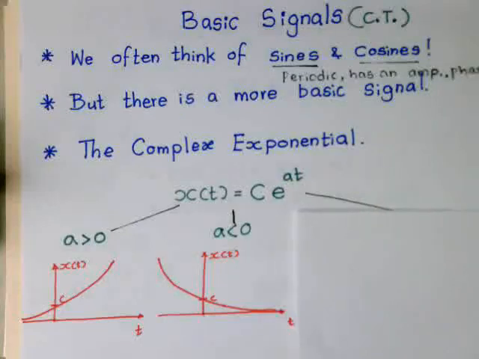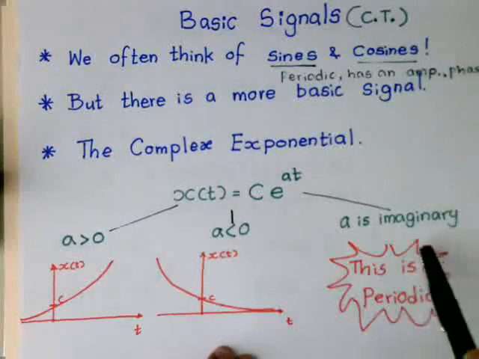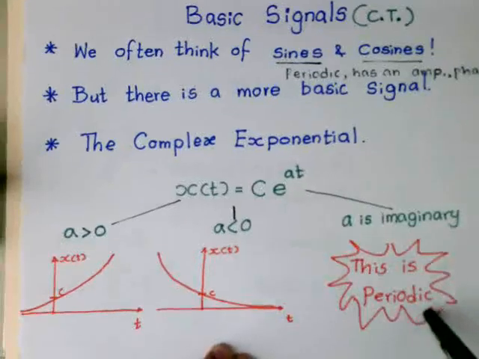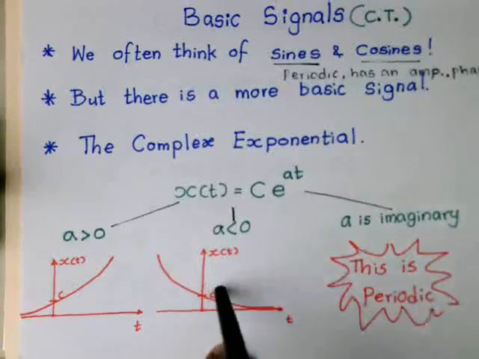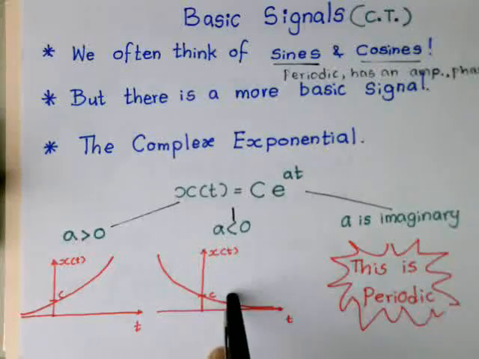Now, what if a is imaginary? I'm not sure you have seen this or not. If you have, then it's excellent. You've seen a unique type of signal, but let's see what that is. If a is imaginary, then this signal becomes a periodic signal. In the previous two cases, it's not a periodic signal.